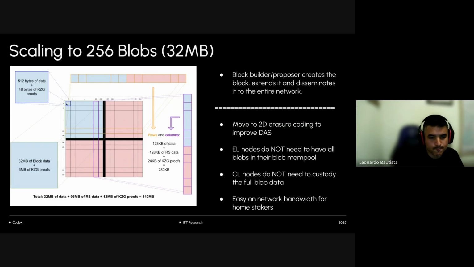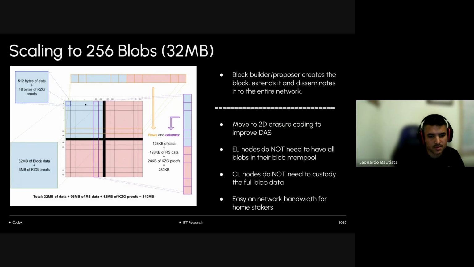So you have a matrix like this, as you see on the screen. The 32 megabytes is just the blue part. So each one of these rows is a blob that can be divided into 256 cells, okay? And then you can put 256 of these blobs, one under the other, okay? So these are just data points.